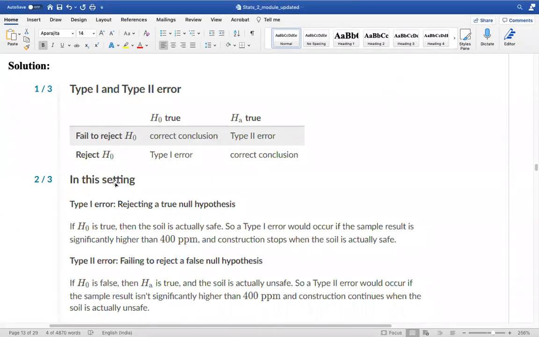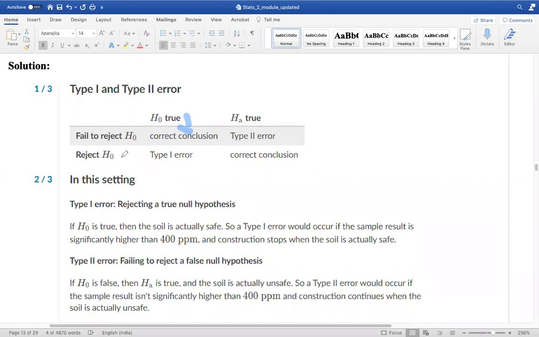So this is the table we can try to understand, guys. If H0 is true and you accept the null hypothesis, that is fail to reject, a correct conclusion. If we are accepting the alternate hypothesis when H0 is true, it will be the type 2 error.